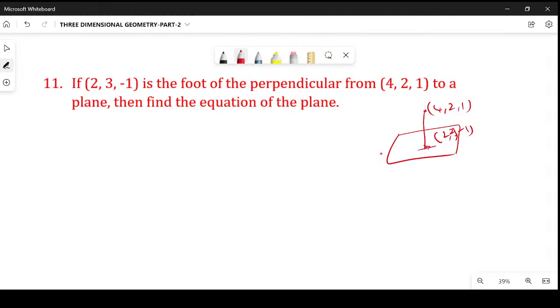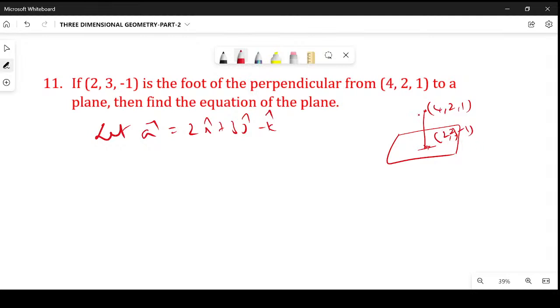So I can consider the position vector A bar equal to 2i cap plus 3j cap minus k cap. Then I can find the normal vector, and you can find the normal to the plane.